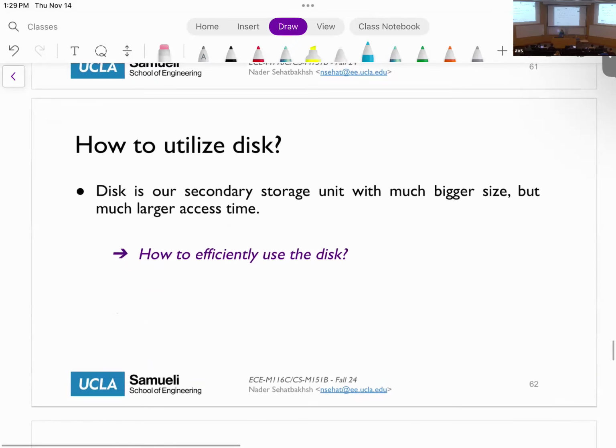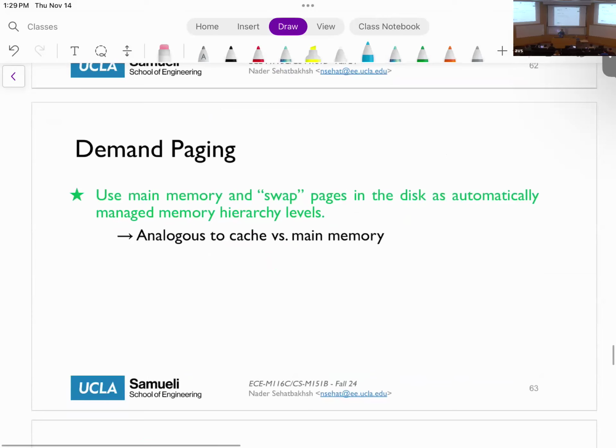But what we do is essentially we have this swapping mechanism or this demand paging mechanism where we store most of the pages, like we fill the DRAM with all the pages that we want, okay? And if there is a page that we want to access and doesn't exist in the DRAM, we take that page from the disk and swap it with one of the pages in the DRAM, okay?